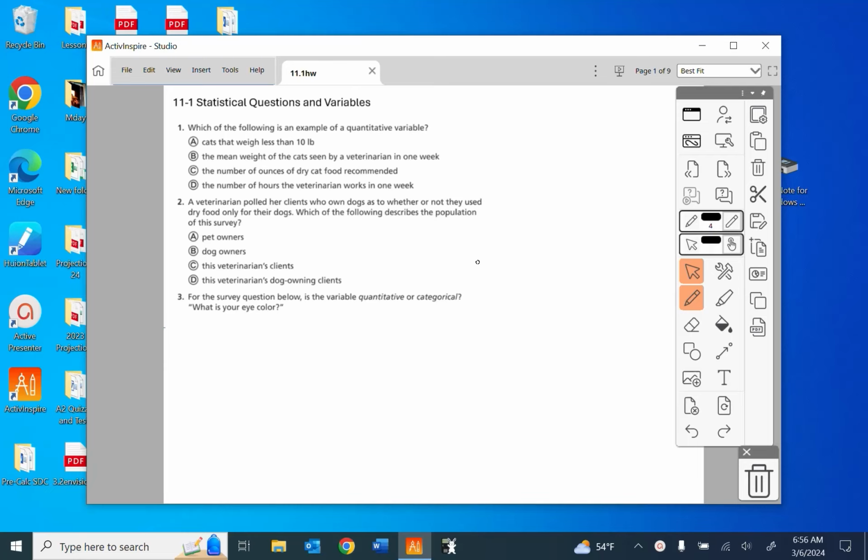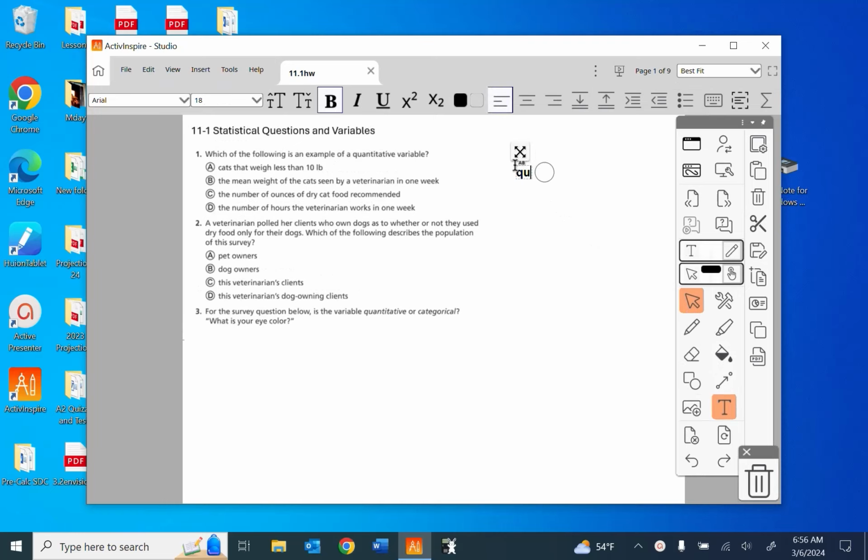So this is 11.1, statistical questions and variables, and you're supposed to justify and explain all your answers. Which of the following is an example of a quantitative variable? Quantitative is a measurement.